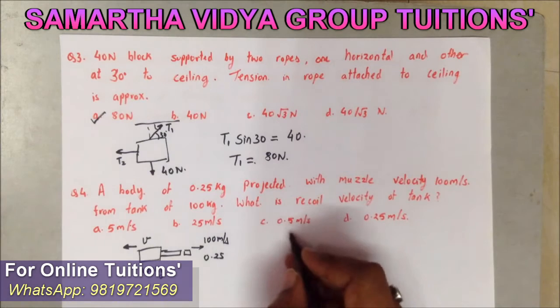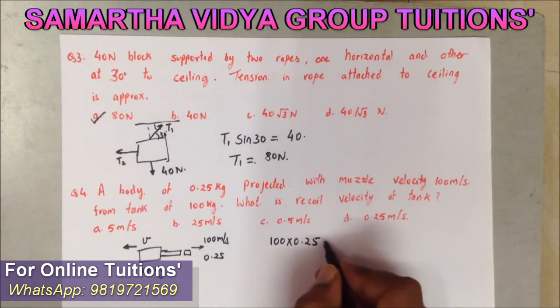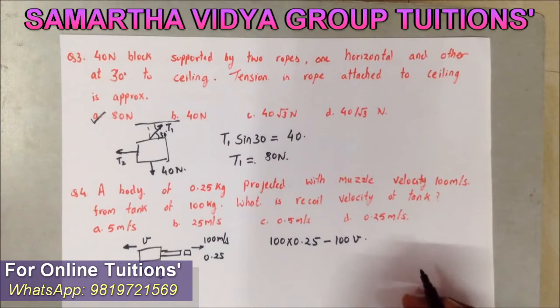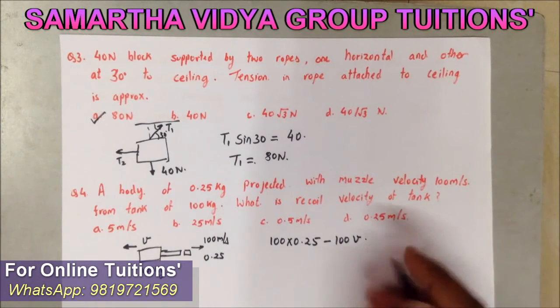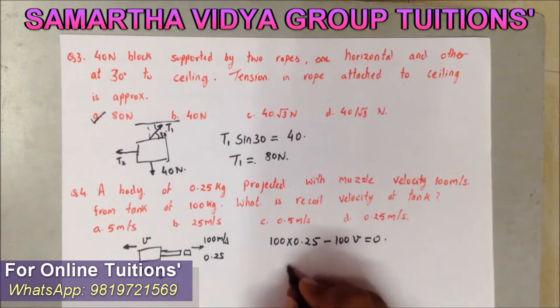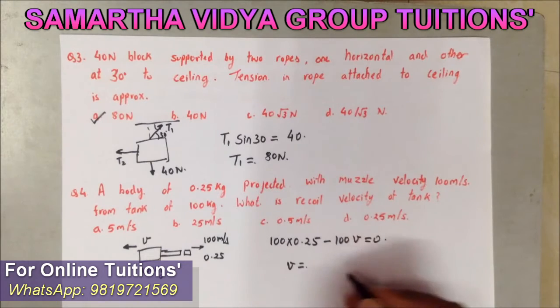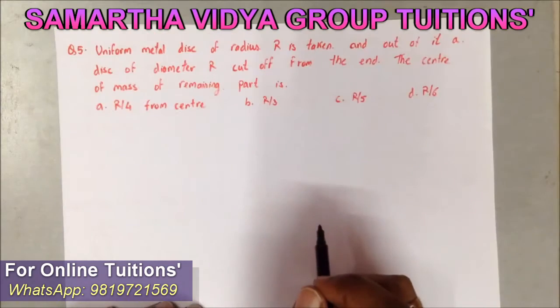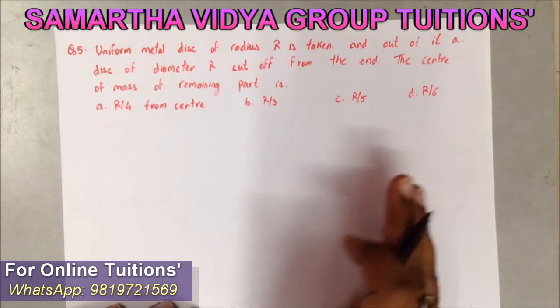So the final momentum is nothing but 100 into 0.25 minus 100 into v, because momentum is nothing but mass into velocity. This is equal to 0. So from this we get the v value. You can see that the 100 gets cancelled out. The velocity will be 0.25 meter per second. That's nothing but the option.